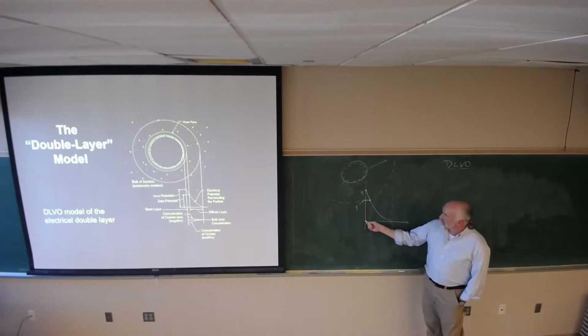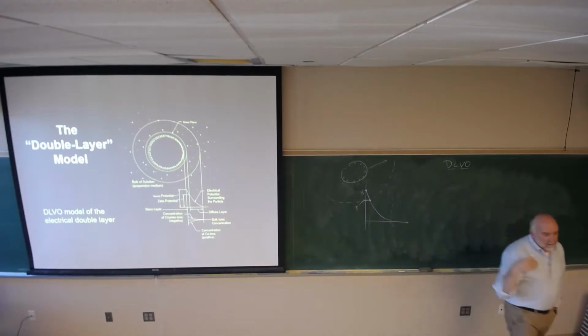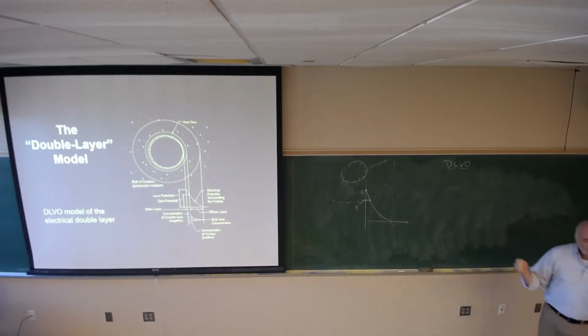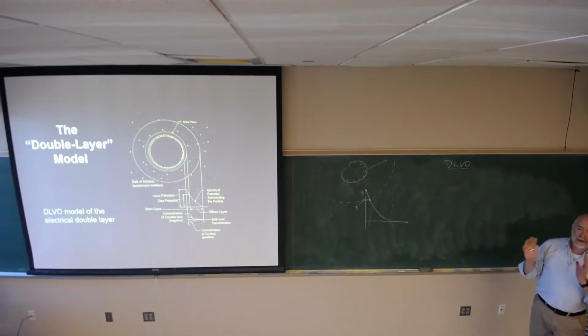This is zero. Zeta potential and the Nernst potential: we see a decrease from the Nernst potential to the zeta potential because of ions which are specifically held within the Stern layer. So this is essentially my decay function.